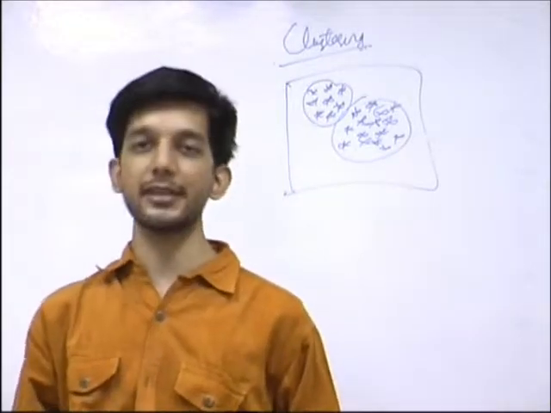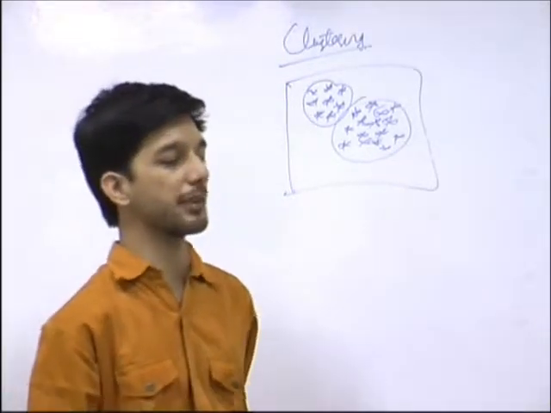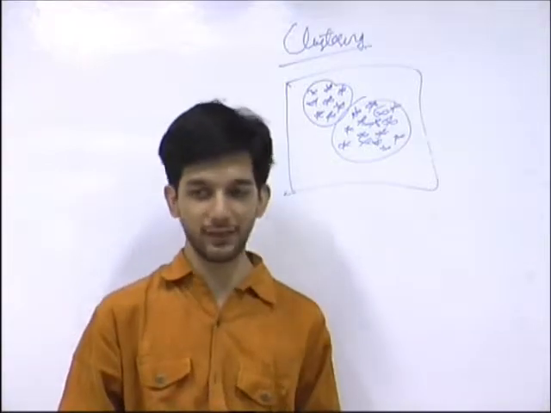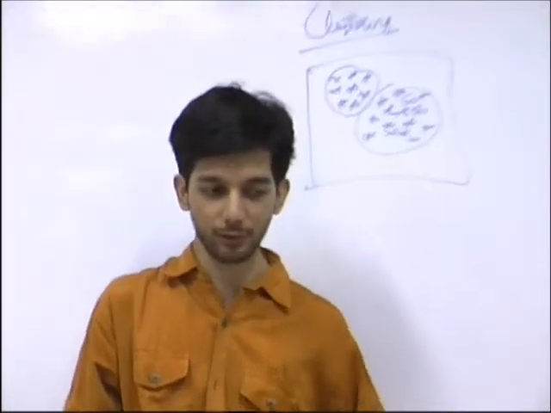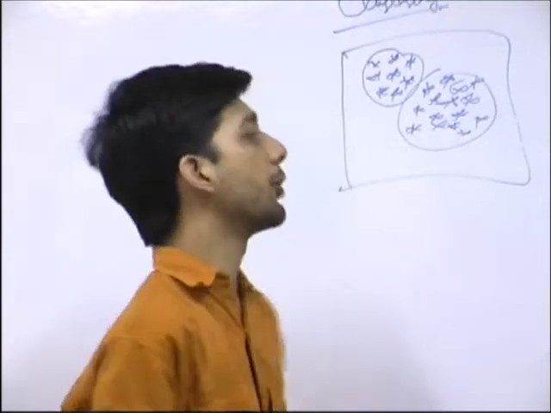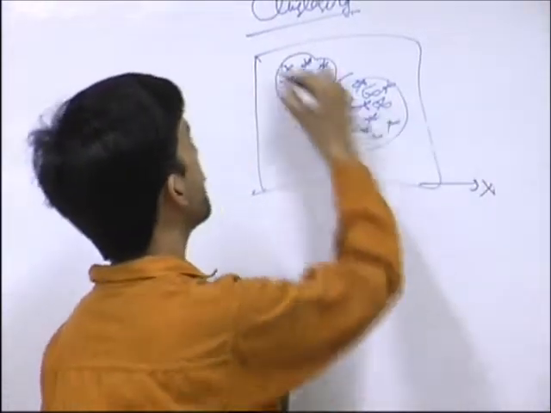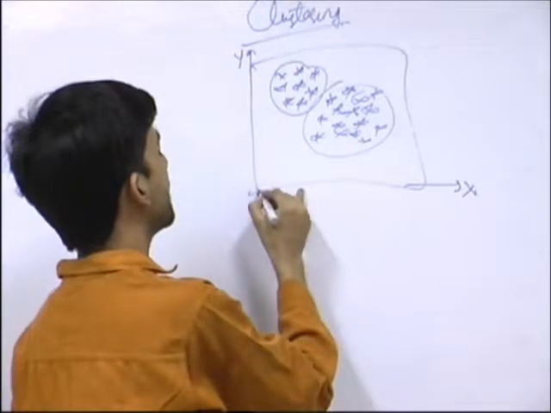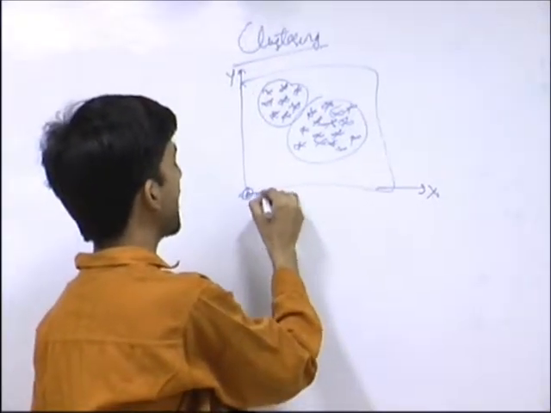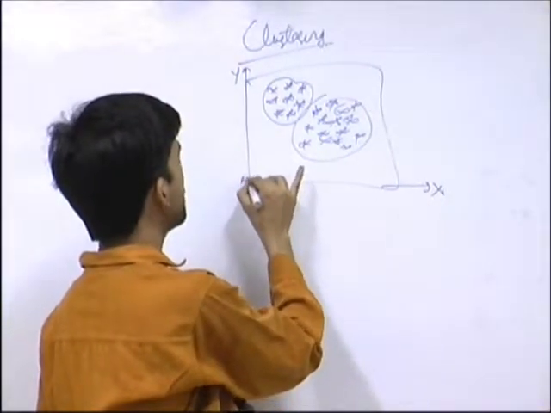Here I had assumed that there are 2 clusters, I can find 3 clusters, I can find out 4 clusters, I can find out 5 clusters, I can find out any number of clusters over here. Now whenever I plot this graphically, it is important to realize that there is no x and y actually over here. They can be a z, they can be a p, they can be a q.